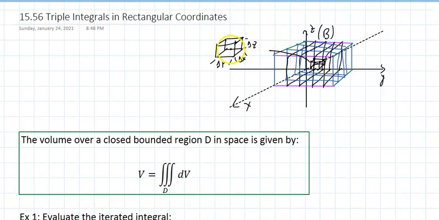So if I really call this the volume of, if I call this f of x sub ijk, y sub ijk, and z, okay, I'll make a big mess out of this.